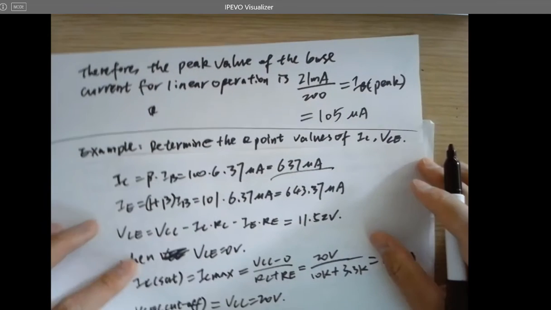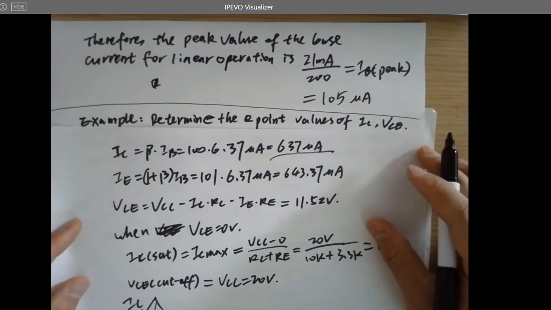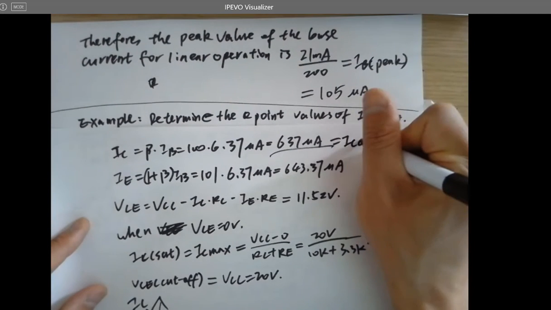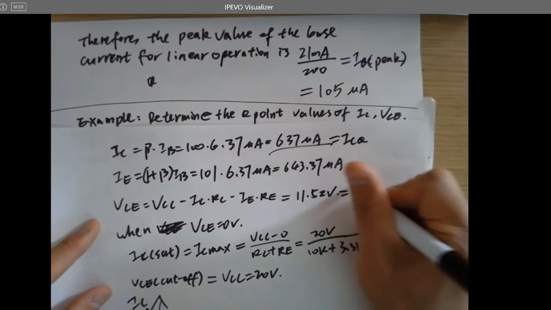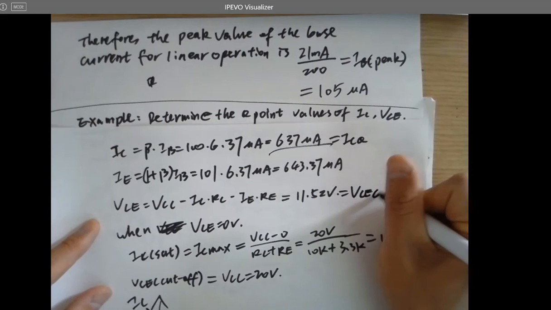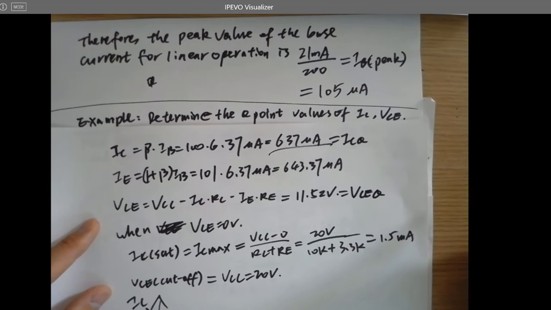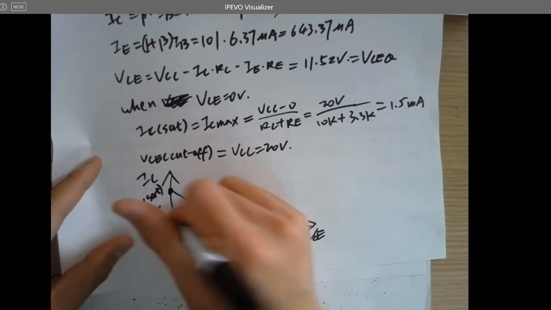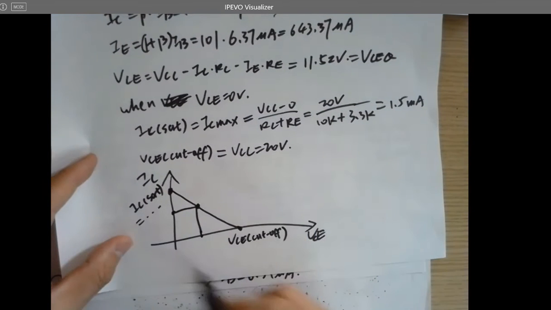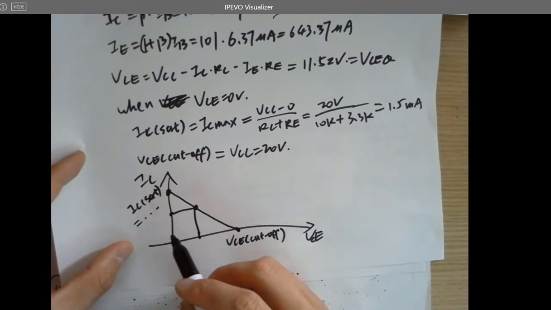Here's the Q point. That's how it's being biased. That's ICQ. That's VCEQ, right? Just label it. So you will find out where this guy is being biased.